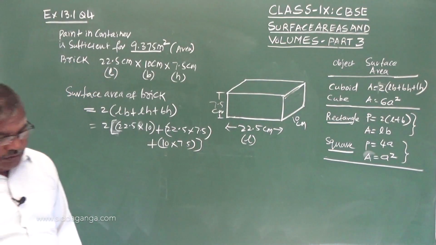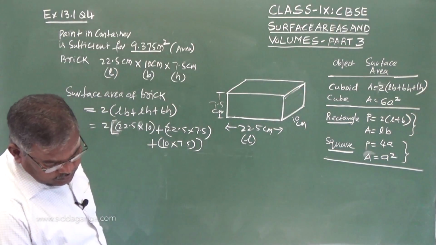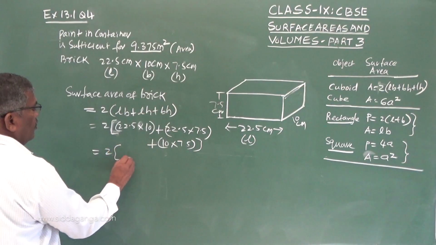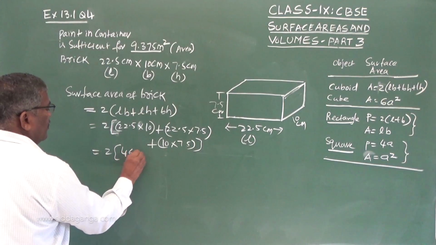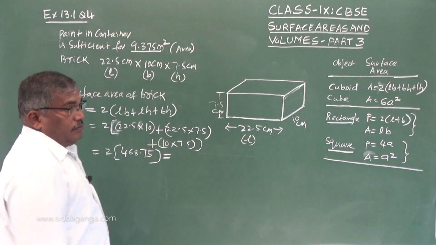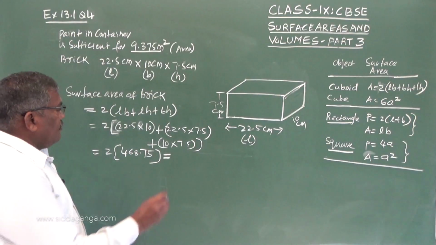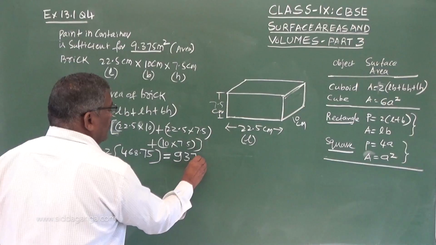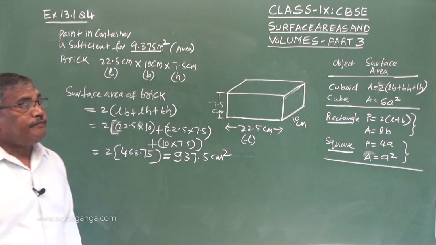You simplify this. It is 2 into 468.75, that equals 937.5 centimeter square.